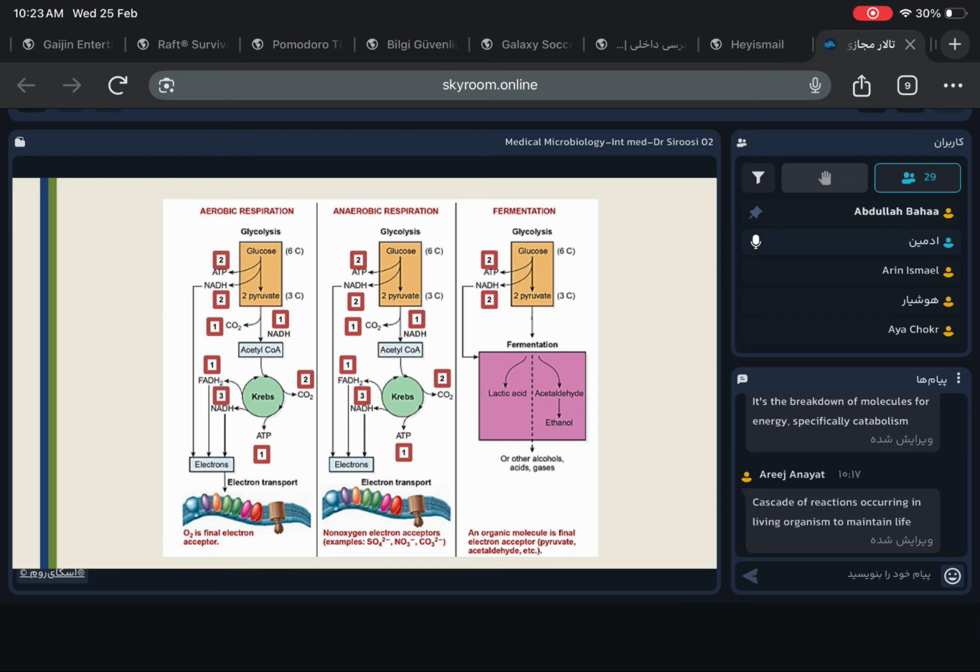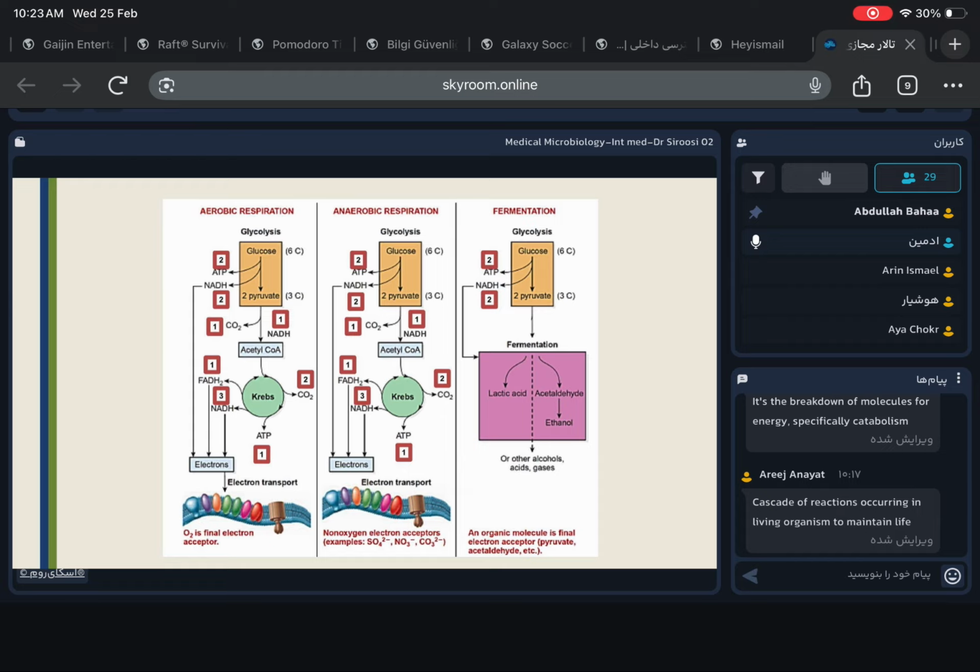And then these 2 pyruvate molecules need to enter the Krebs cycle. The Krebs cycle is needed to extract the remaining energy from the glucose. But before entering the Krebs cycle, each pyruvate molecule undergoes a preparatory step.